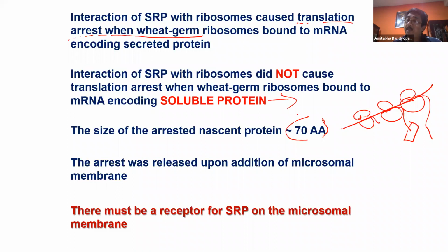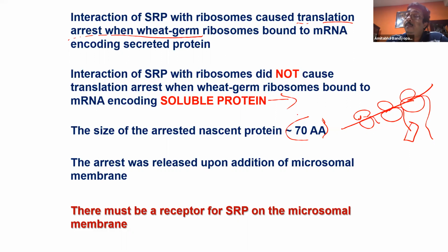So to identify the receptor, they took the membrane, solubilized it, and then fractionated it. These are very, very different techniques, very difficult techniques. Okay, if you talk to Professor Arun Shukla, you will realize that dealing with membrane proteins is extremely difficult, because membrane proteins are, generally speaking, not soluble in water.